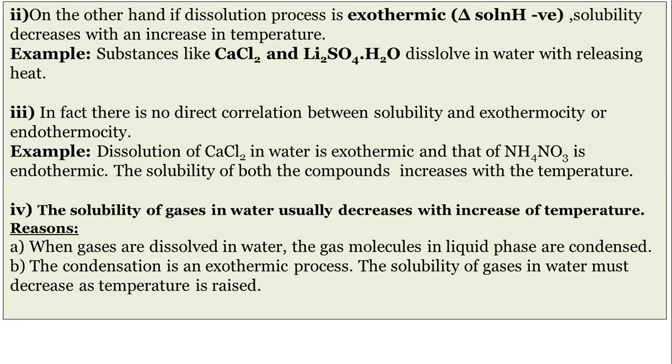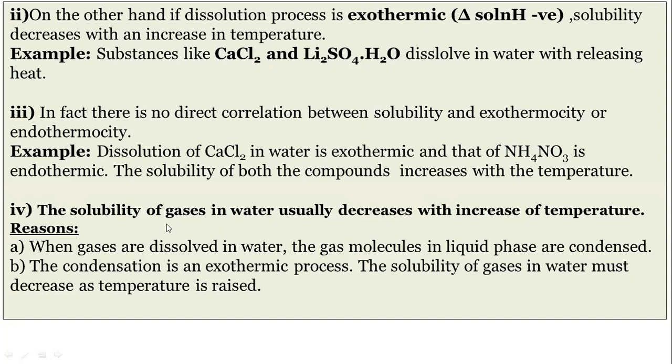But generally, solubility increases when temperature is increased. But this is not always true. For some solutes like calcium chloride, when it is dissolved in water, the heat is released. So it is expected its solubility should decrease when temperature increases, but it is not true. Calcium chloride, when dissolved in water, its solubility also increases.